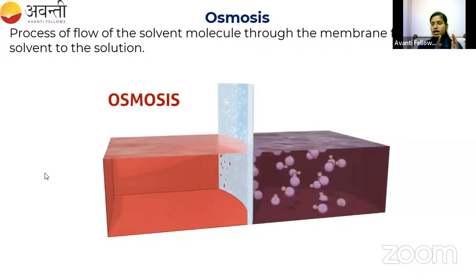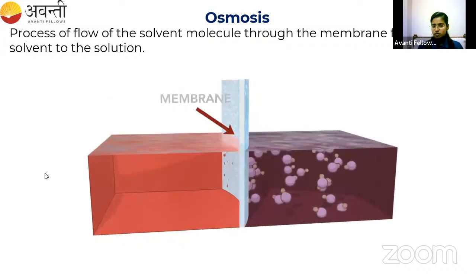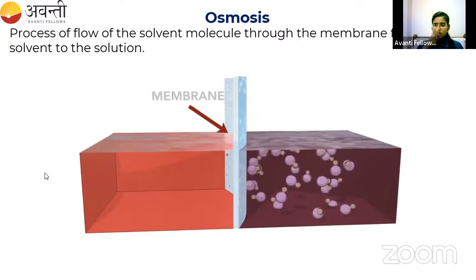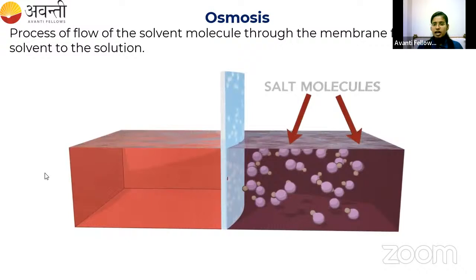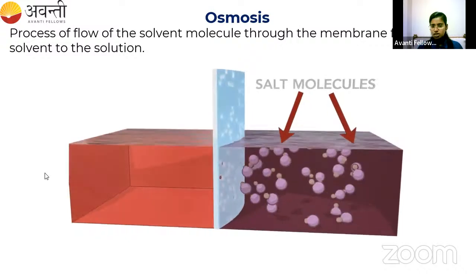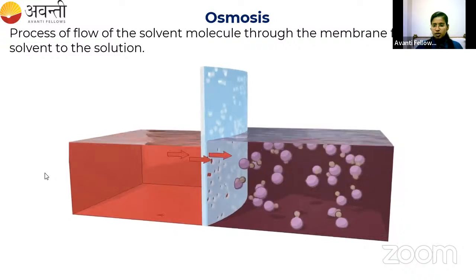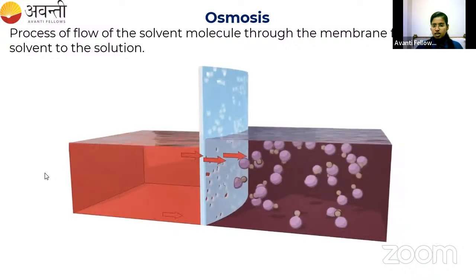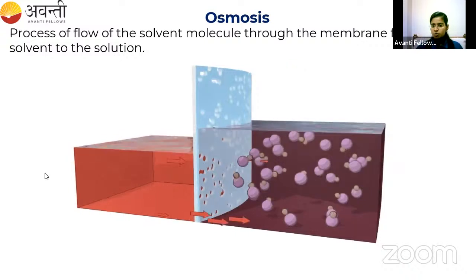On one side I have the pure solvent, and a membrane is separating it, and on the other side I have some salt molecules. What is happening here? It is a semi-permeable membrane, in which I have some small holes.